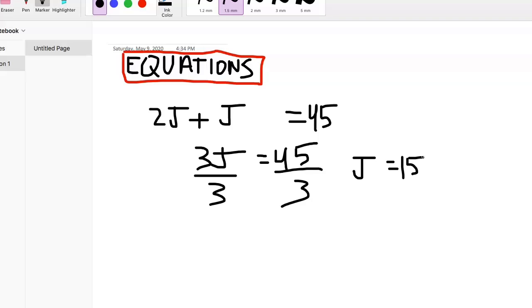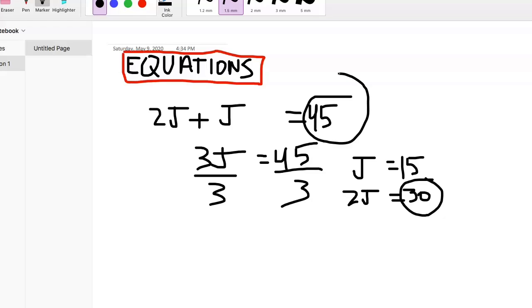We said J was him and 2J was me, and they want to know how many hours I worked. So if he's 15, then I'm 30, right? And that's really the answer that we want. I'm 30. And if we were to back check it, 30 plus 15 equals 45, this number up here. So looks like we're good to go.